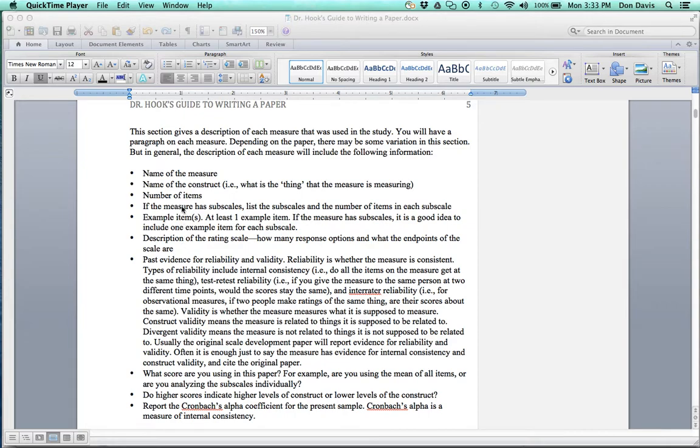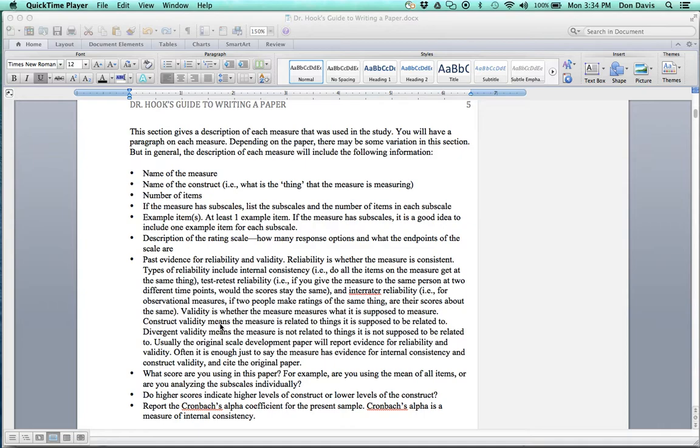So name of the measure, the construct, number of items, describing the structure of the scale, the rating scale, and then going over evidence of reliability, such as the alpha, as well as temporal stability, and also evidence of construct validity.